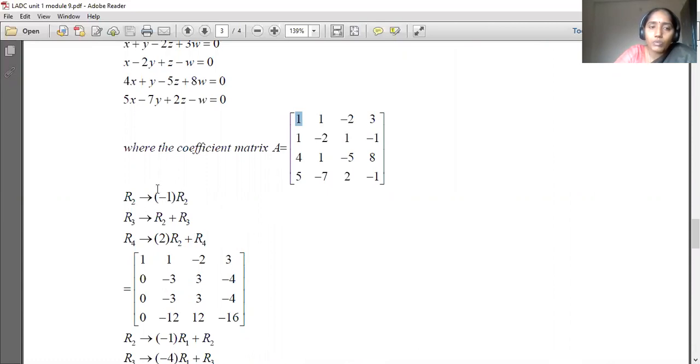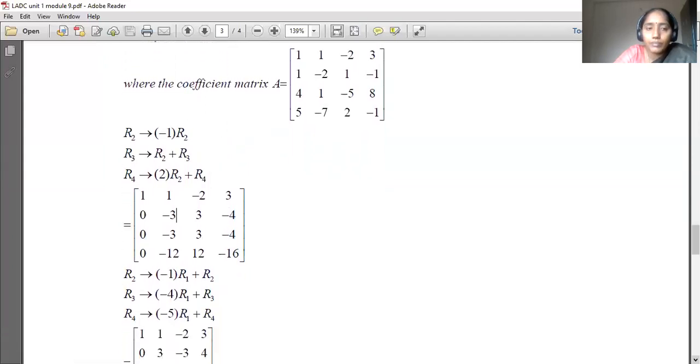And again, in the next step, observe the pivot element in the next row. Using -3, convert -3 and -12 to 0 using elementary transformations.